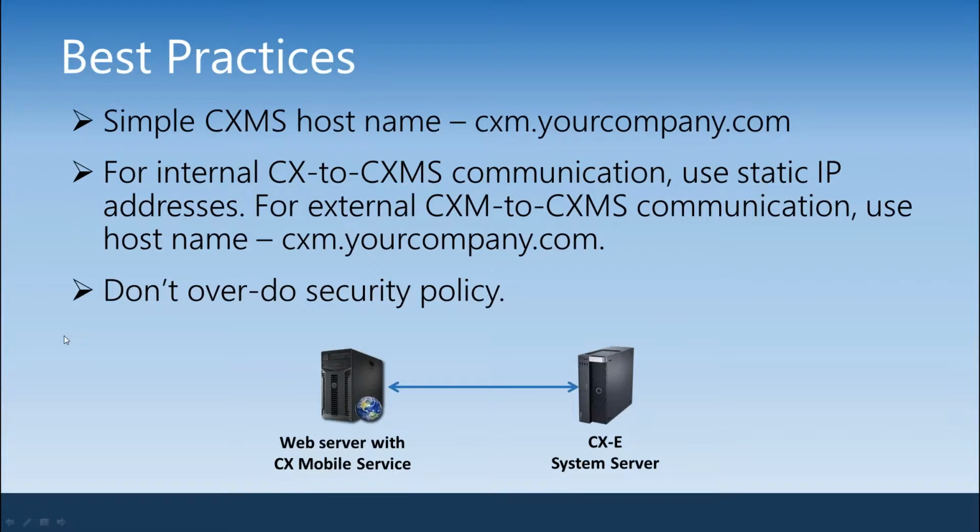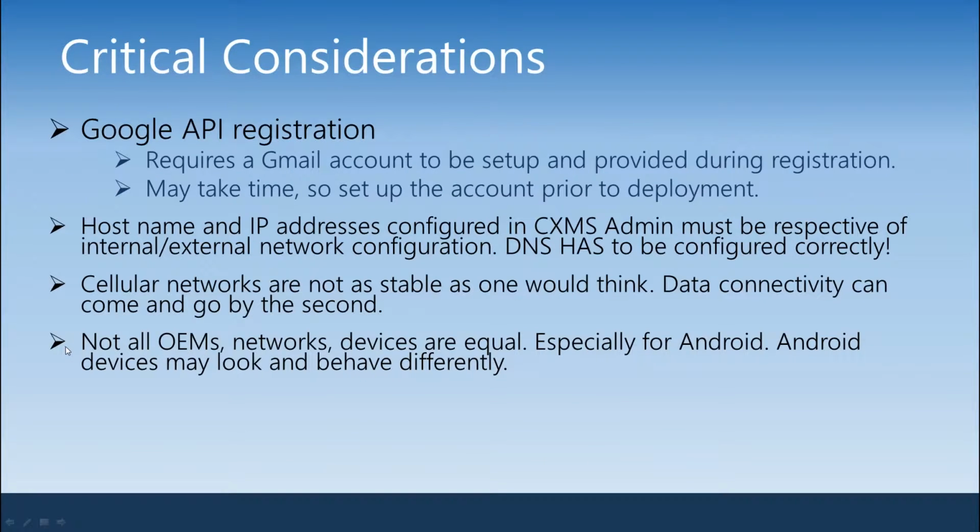For CX Mobile, for the app to communicate with the CXMS service, you're going to have to use the name rather than an IP address, because those things generally are going to change. You want to browse to it like you would any other type of website.